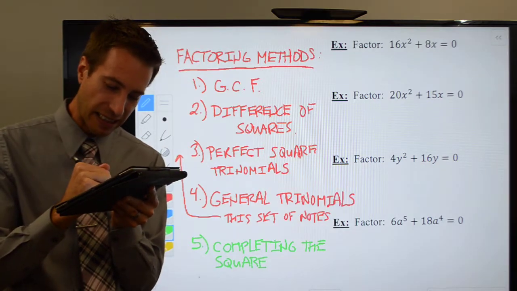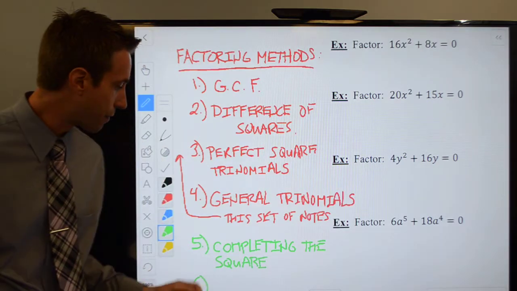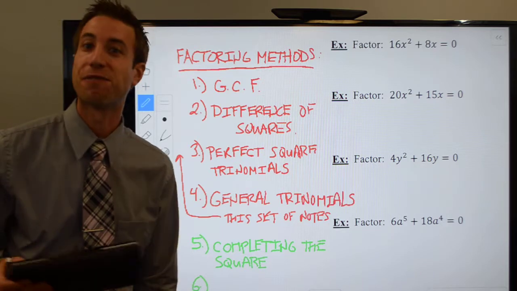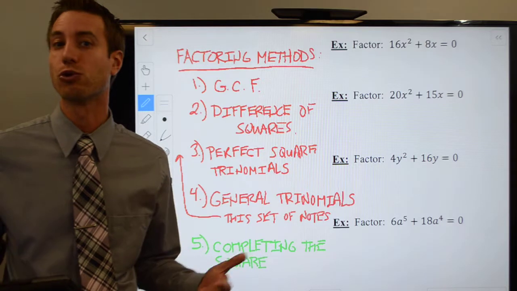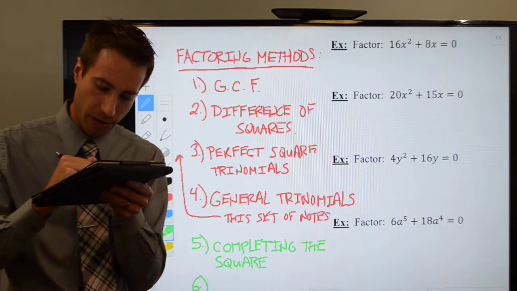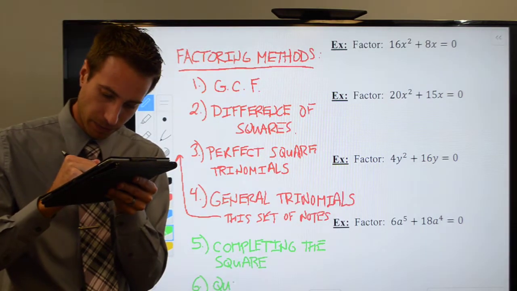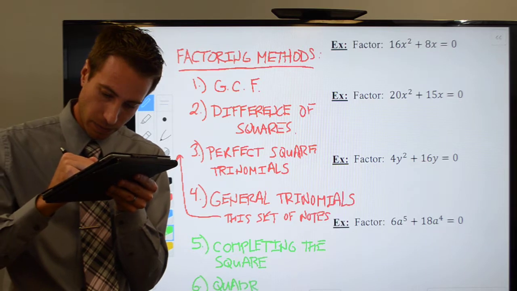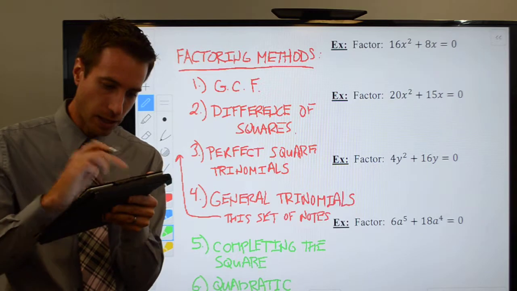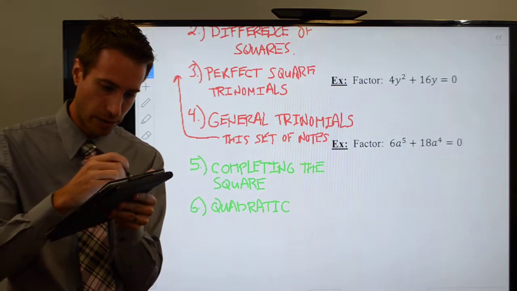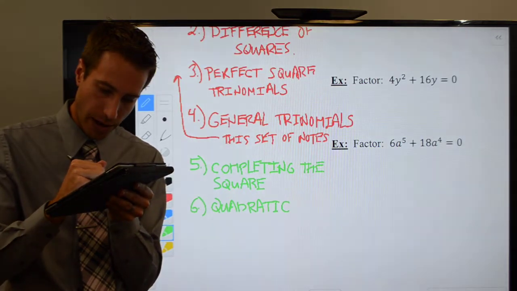And then finally, the last one that we're going to look at, your final 6th option as a factoring method for a quadratic, is going to be the good old trusty quadratic formula. Let me slide up a little bit more here so I'm not squeezing myself in.